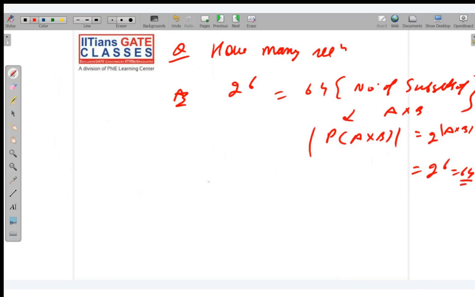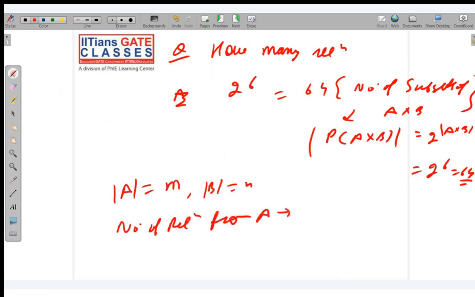Okay. So now I can generalize. Set A has m elements, set B has n elements. So the number of relations from A to B. First of all, how will we find the number of relations?